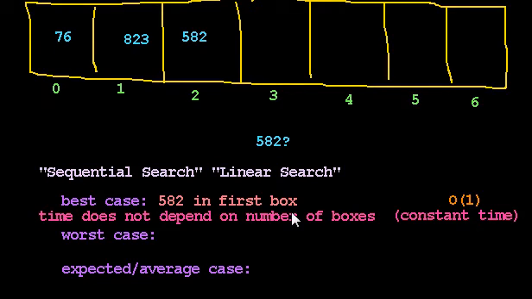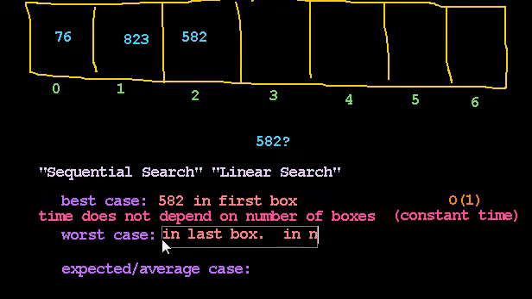What's the worst case scenario? You might think maybe the worst case is we look through the collection, the list, the array, and we try every single box until we get to the very last one where we find 582. So it's in the last box might be the worst case. Alternatively, and maybe even worse depending on how we look at it, it's in no box.